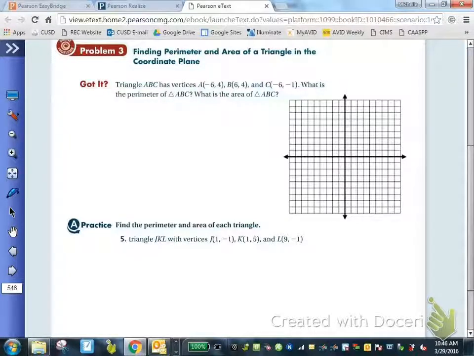Number 3 tells us that triangle ABC has these vertices. A is at -6, 4. So we're going to put one there. 1, 2, 3, 4, 5, 6. That's A. B is at 6, 4. So 1, 2, 3, 4, 5, 6, 4.